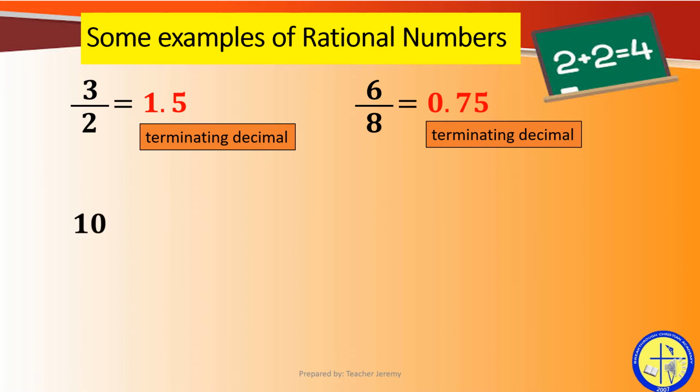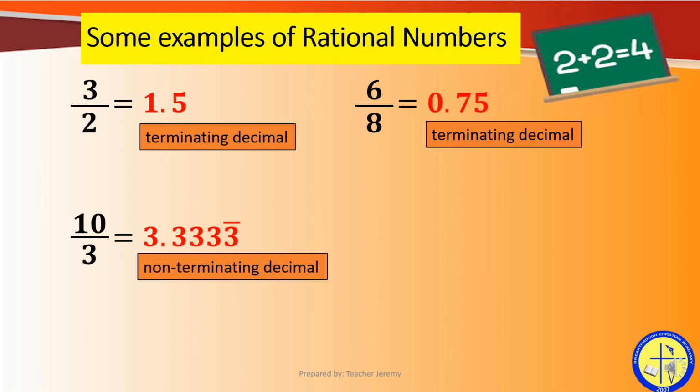Another example, we have 10 and 3. If we divide 10 and 3, the quotient is 3.333 and so on. And we call it a non-terminating decimal. Another example, we have 8 and 11. If we divide 8 and 11, the quotient is 0.7272 and so on.